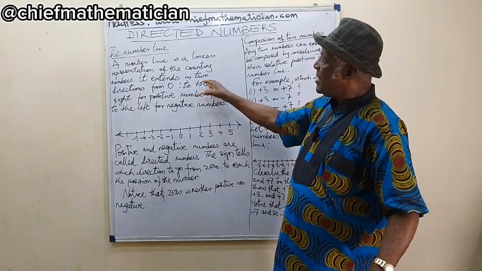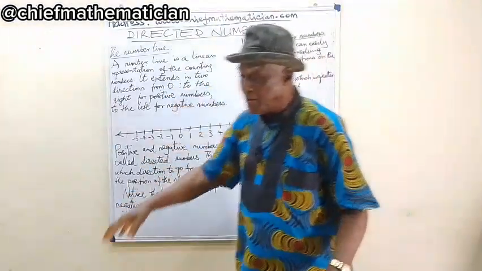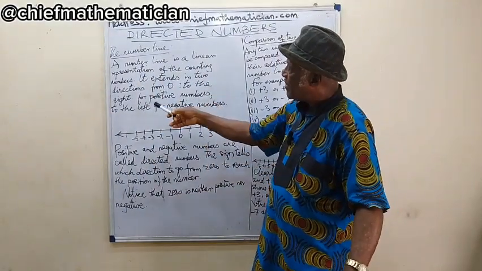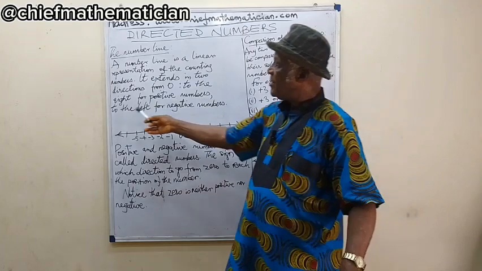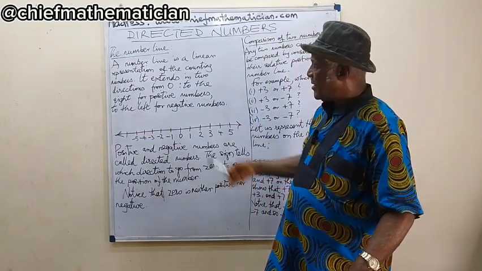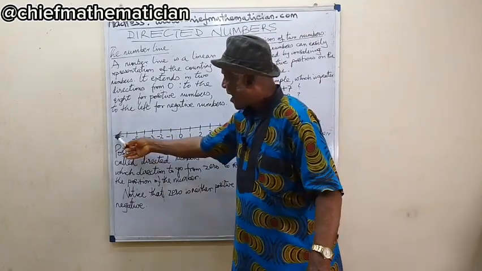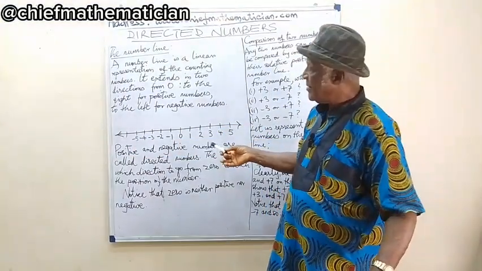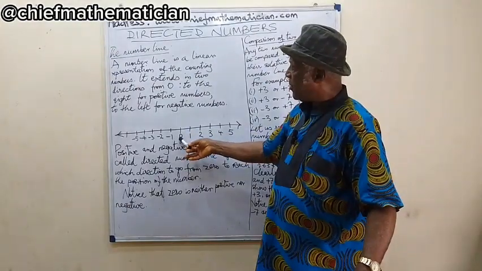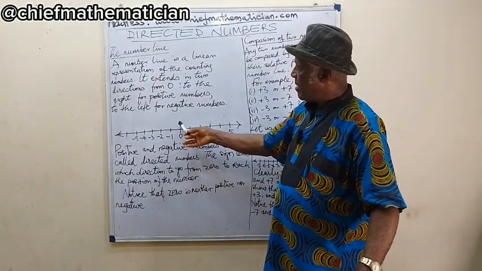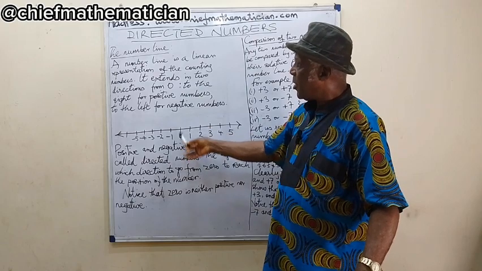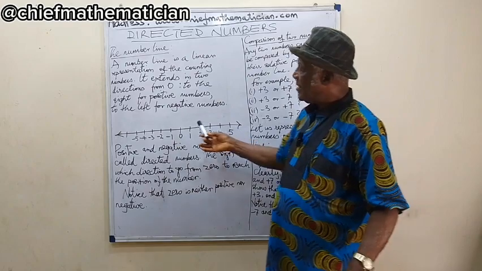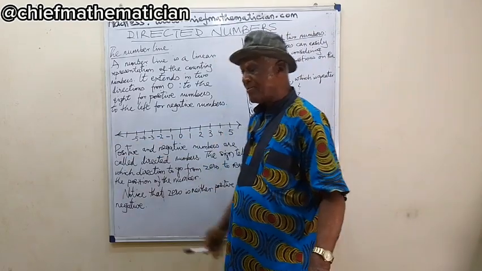It extends in two directions, from 0 to the right for positive numbers, to the left for negative numbers. And so if we have something like this as our number line, you can see 0 at this point. Counting from this 0, you count positively to the right, negatively to the left.